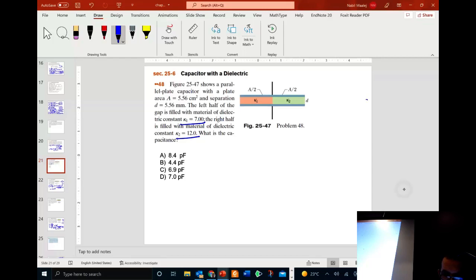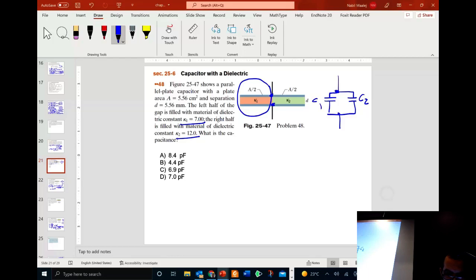So here, let me make an equivalent drawing. As if I have a capacitor C1, which is this one here, and it is in parallel with capacitor C2. So this is the equivalent of two capacitors that are in parallel, because you see they are connected here and they are connected here.